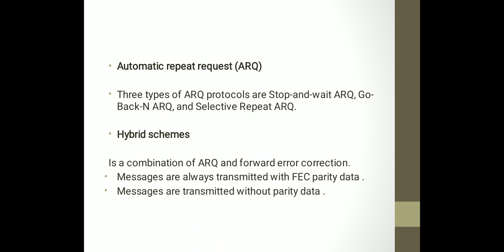Stop and wait means that once the sender sends the data to the receiver, the sender waits for the acknowledgement. That is, each time a bit is sent to the receiver, the sender waits for the acknowledgement. That is called stop and wait. Go back means the frame has to be fixed at the start itself. They will not wait for the acknowledgement for every bit.